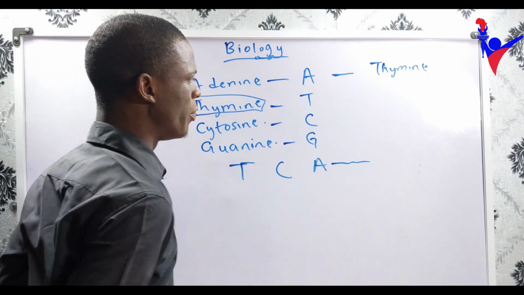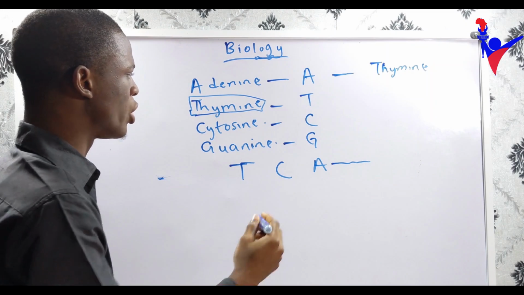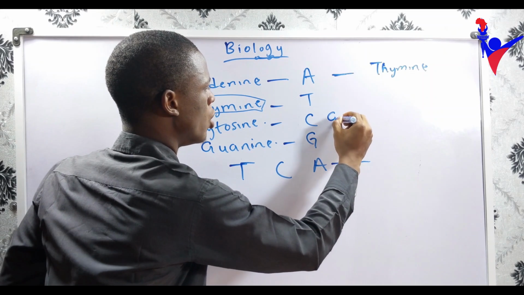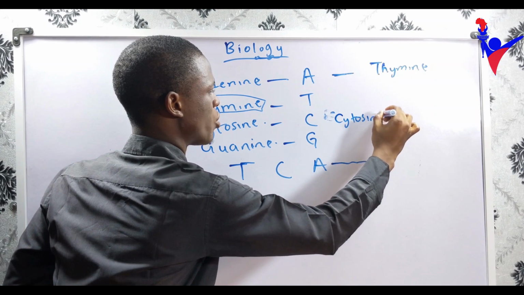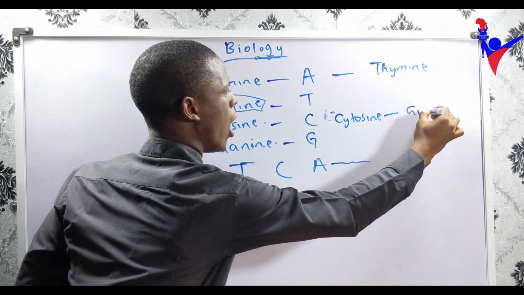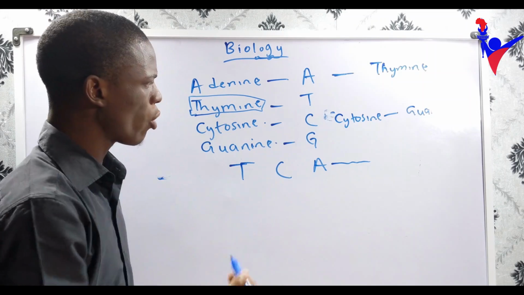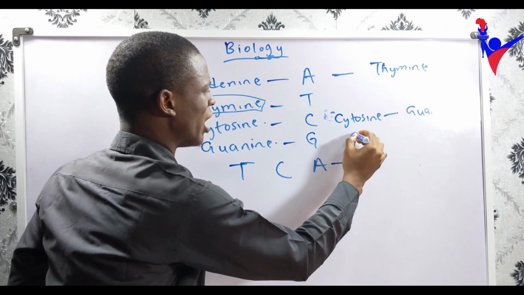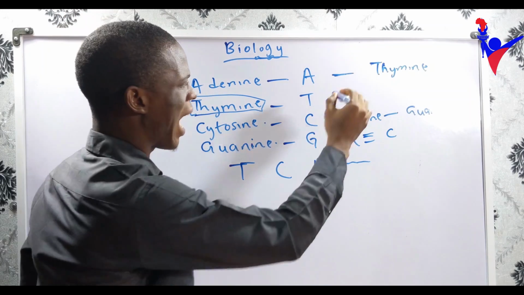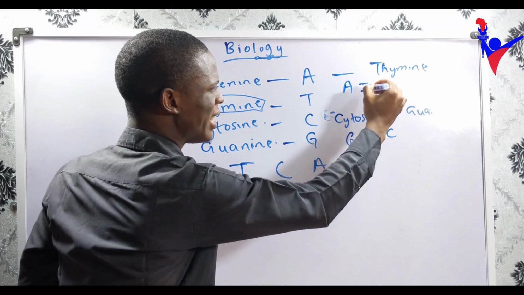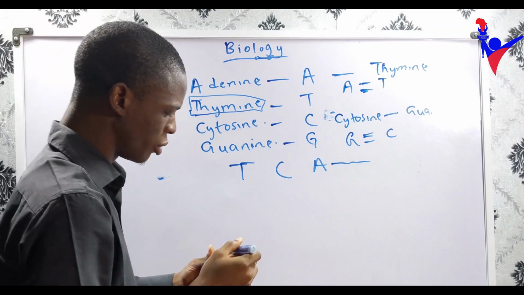So we have a bond between adenine and thymine, and we have a bond between cytosine and guanine. So look, with what we have on the board here, we have our G bonding with a triple bond to C, and we have our A, the adenine, bonding with a double bond to T. So A bonds to T.